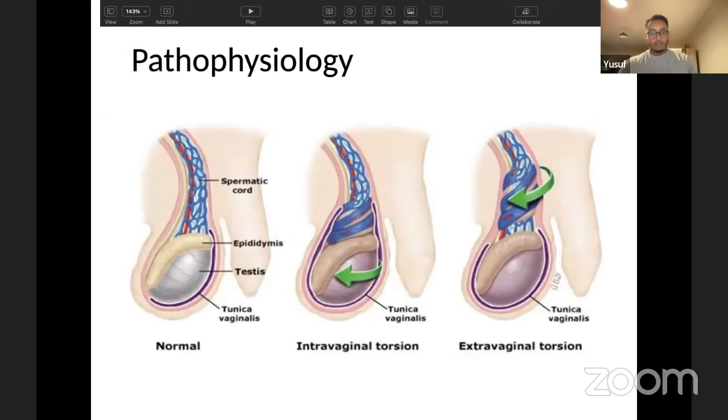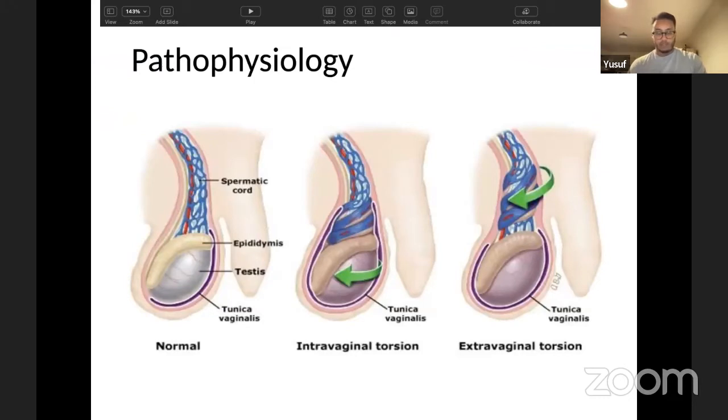Okay, a little bit more about the pathophysiology. If you look at the diagram of the normal testis, you've got the spermatic cord and the lining around the testis, the tunica vaginalis. You've got a normal longitudinal lie, and the lie of the testis is quite important, because if you've got an abnormal lie, you are more likely to develop a torsion.